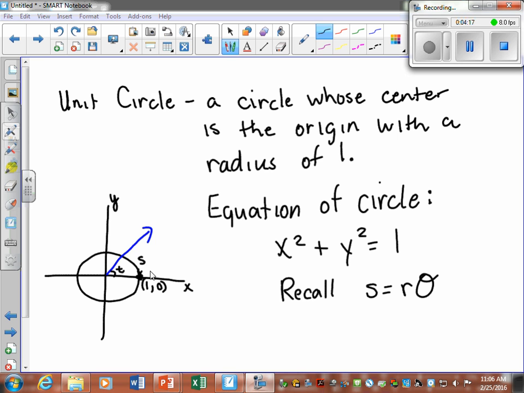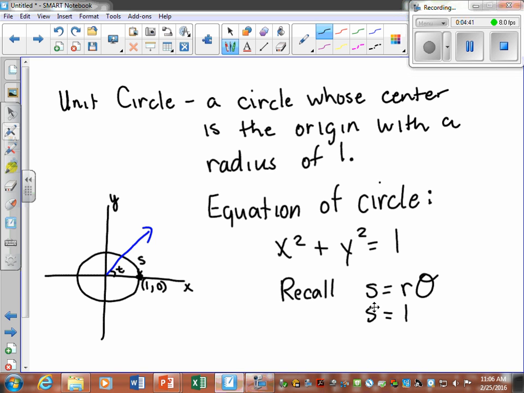Remember, your s is your arc length from the previous lesson, and arc length was defined by that formula. Now, on the unit circle, the central angle measure in radians is equal to the length of the intercepted arc. So with that in mind, we'll say s is equal to, what's the radius in this one? 1.